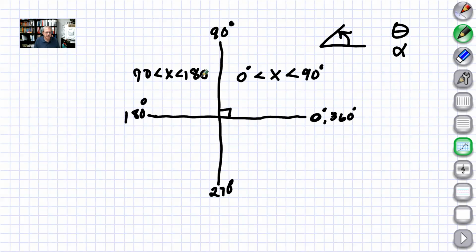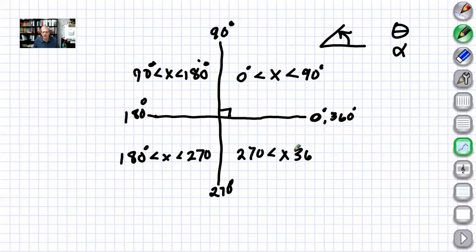And then from 180 to 270 would be in here. And then from 270 to 360 would be in here. So these would be our things.